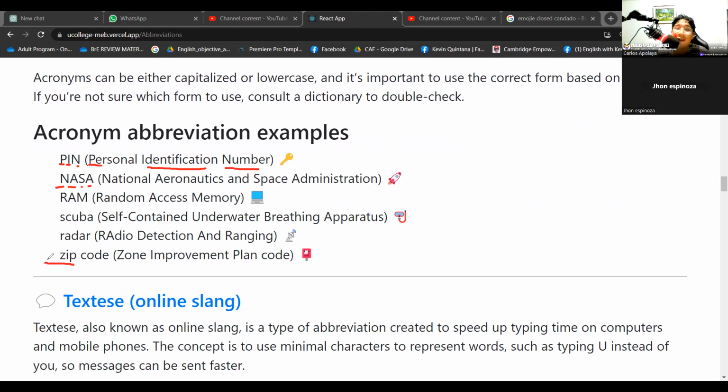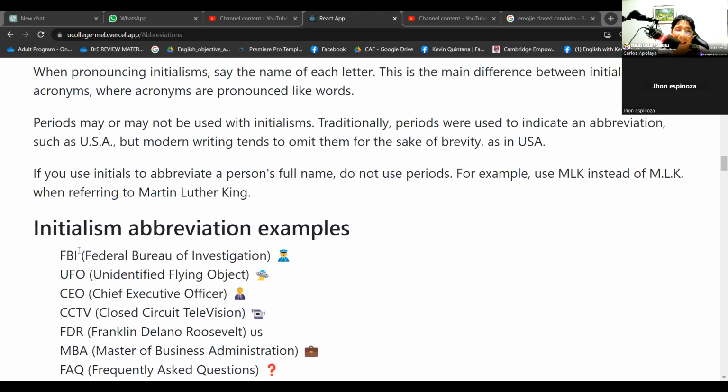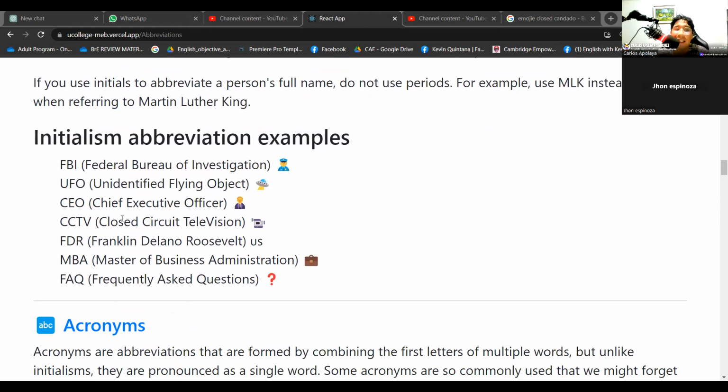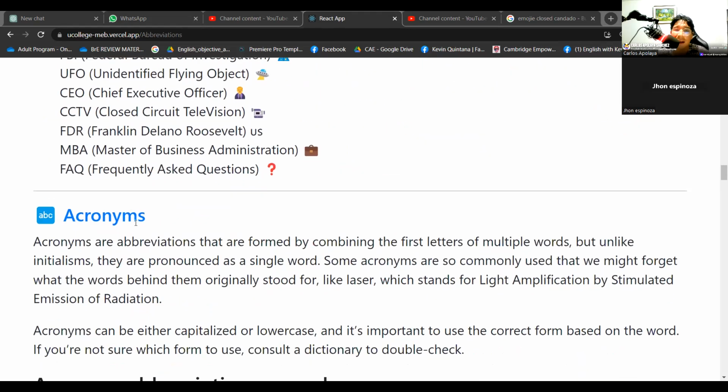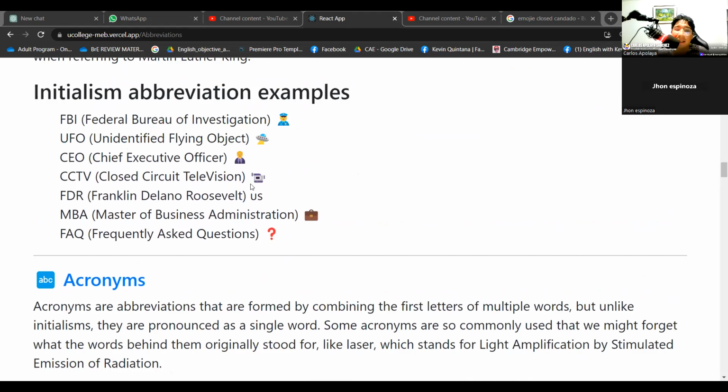Or ZIP. You say zip, zip code. So this is what we call acronym, but this is initialisms. Initialisms like UFO, CEO, CCTV. You get it? Okay, I have a question. The US, this word, is it initialism or acronym? Initialism. Initialisms go U-S-A.